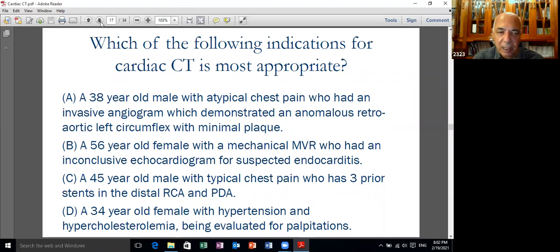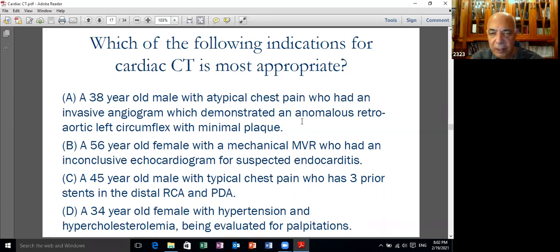The correct answer here is B, but let's go through them one by one. If you look at the first patient, this is a 38-year-old male with a very benign congenital coronary anomaly. If you have a left circumflex arising from the right coronary cusp, then 100% of the time it is moving behind the aorta.